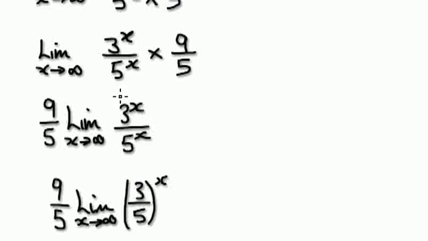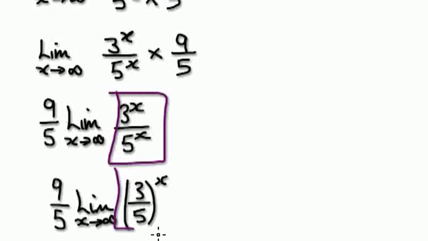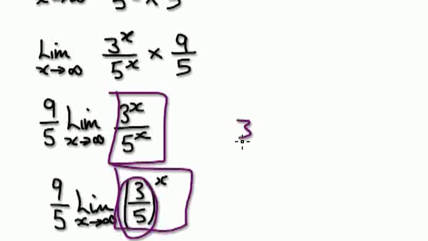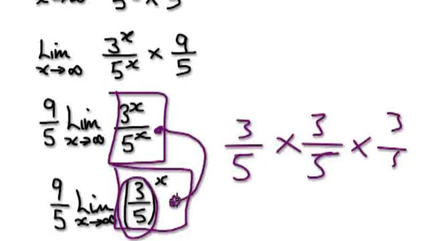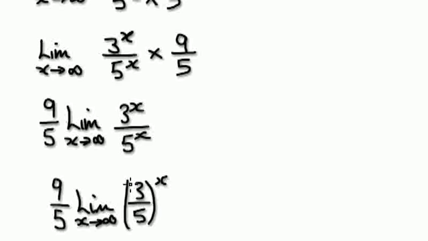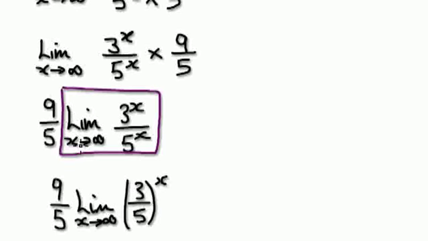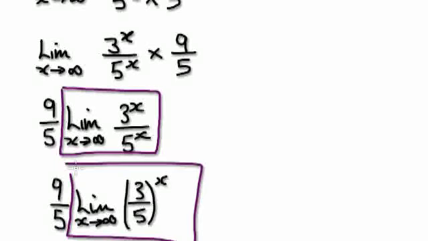This is actually the same thing. This bit here is exactly the same as this here, because if you were to do 3 over 5 times 3 over 5 times 3 over 5, these two are actually the same. If you don't understand this bit, watch the section on indices. So this bit here is exactly the same as this bit here.